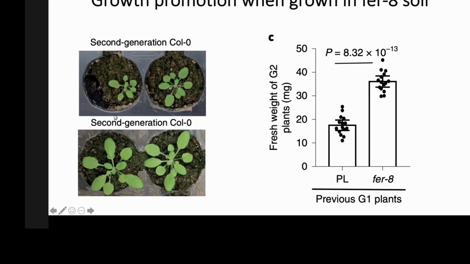And you can see, very strikingly, that there's an increase in the weight of these second generation plants as compared to the parental plant, really suggesting that the microbiome of FER8 is promoting plant growth.